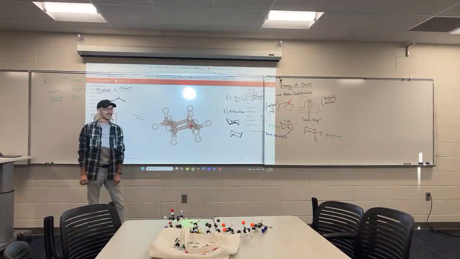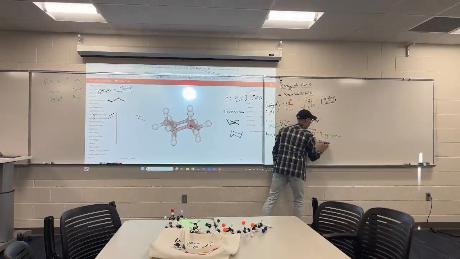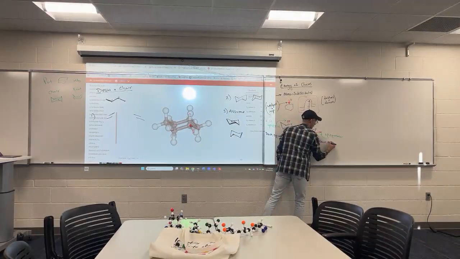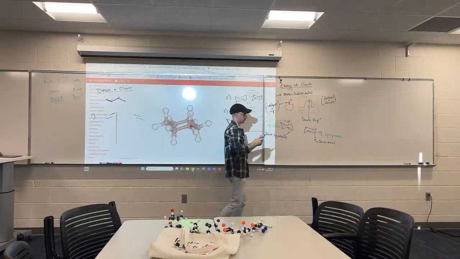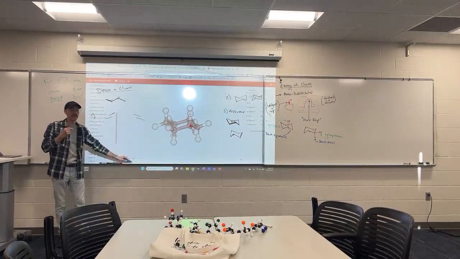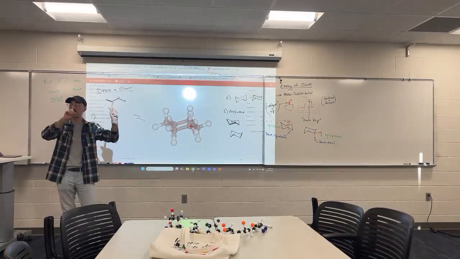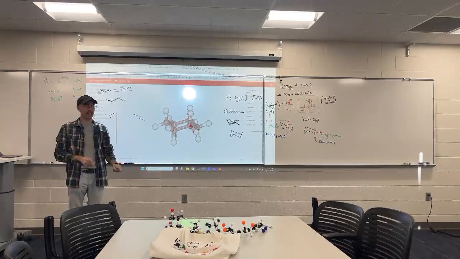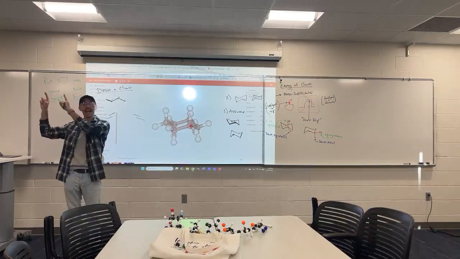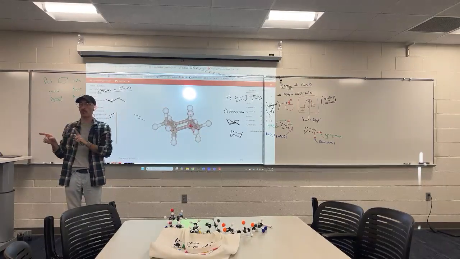Down axial, pointing straight down on that carbon. During a chair flip, every up group stays up, every down group stays down. Every axial group becomes equatorial, every equatorial group becomes axial.